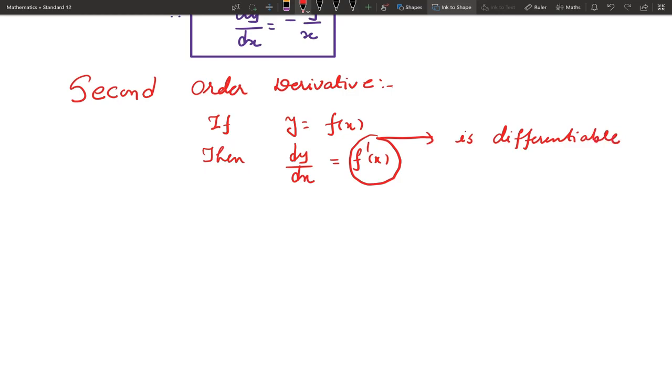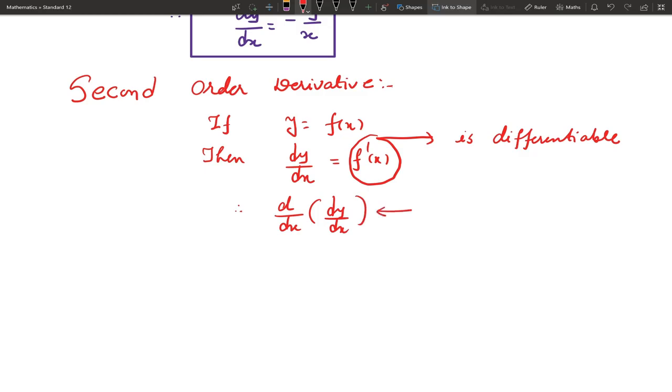then again we can differentiate both sides with respect to x. So this is d by dx of dy by dx.